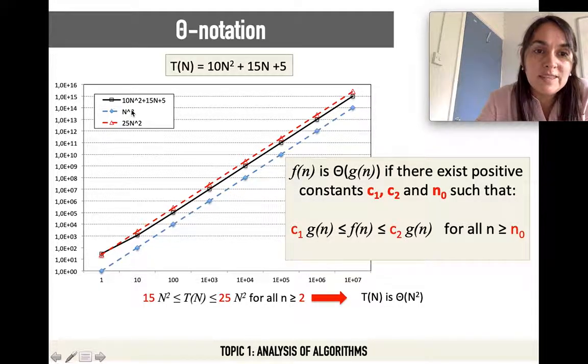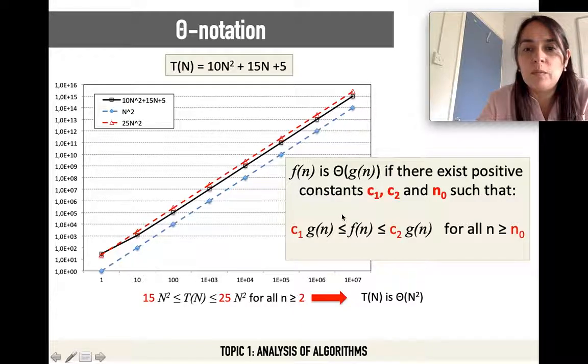If we multiply the same function by another coefficient, for example 25, we will see that starting at 2, this function is always higher than our function. So we have found a function that complies with this. If we multiply the function n squared by 1, it's always lower than our function.